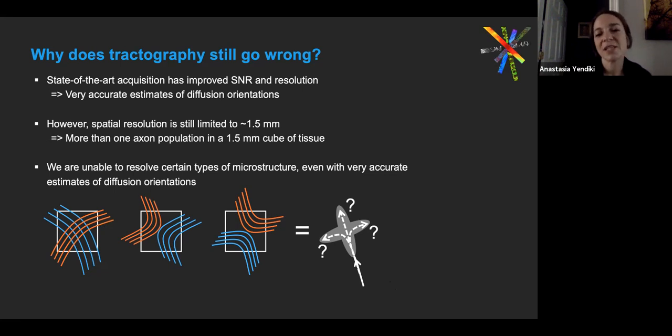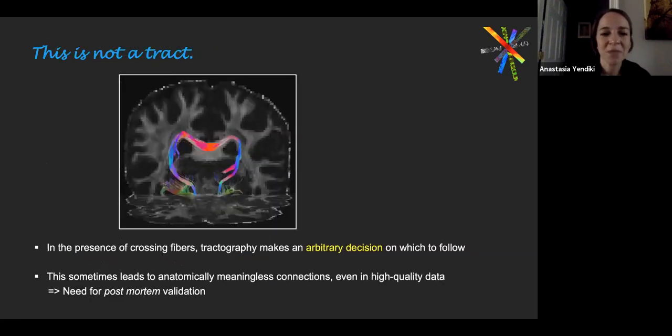But the issue is that many other configurations will have similar ODFs, and just based on the ODF, we will not be able to distinguish them from the crossing. So because of these arbitrary decisions that have to be made between the different peaks of the ODF at every step, at every voxel, this will lead to some anatomically meaningless connections, even in very high quality data.